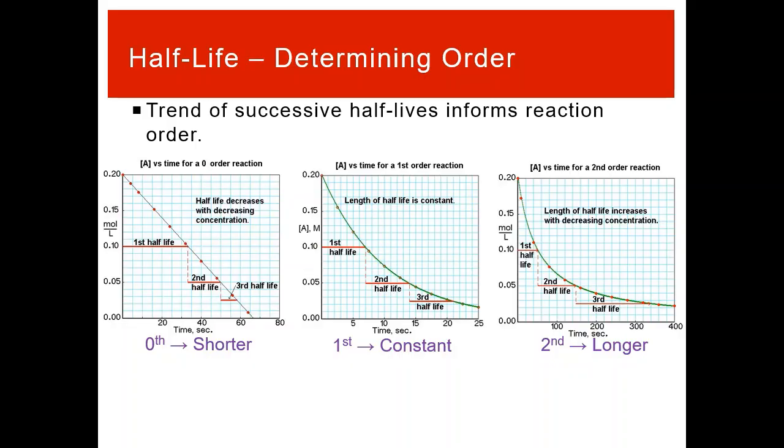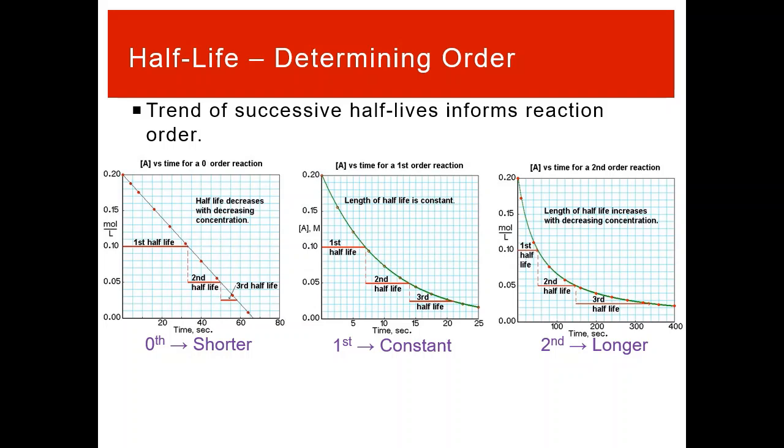In that example, we're looking at a first order process. And in first order processes, the half-life only depends on the rate constant, which means the length of time for a half-life is constant. So if you have a first order process, the first half-life takes a certain amount of time, the second half-life, the third half-life, they're all the same amount of time.